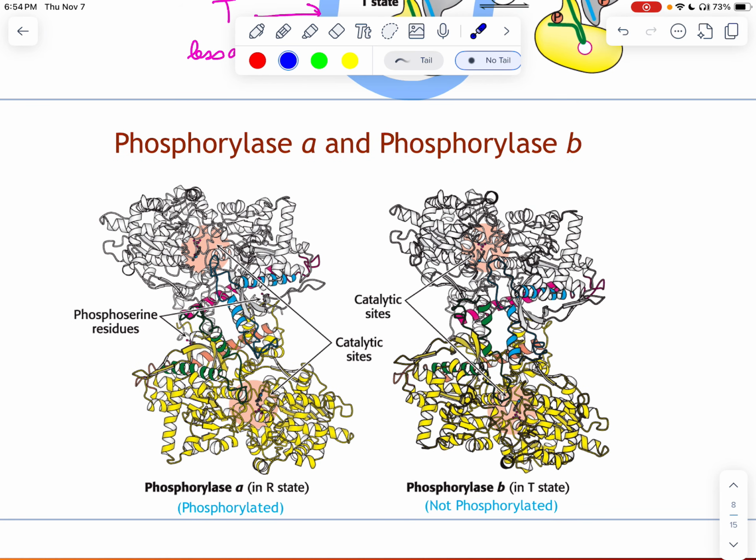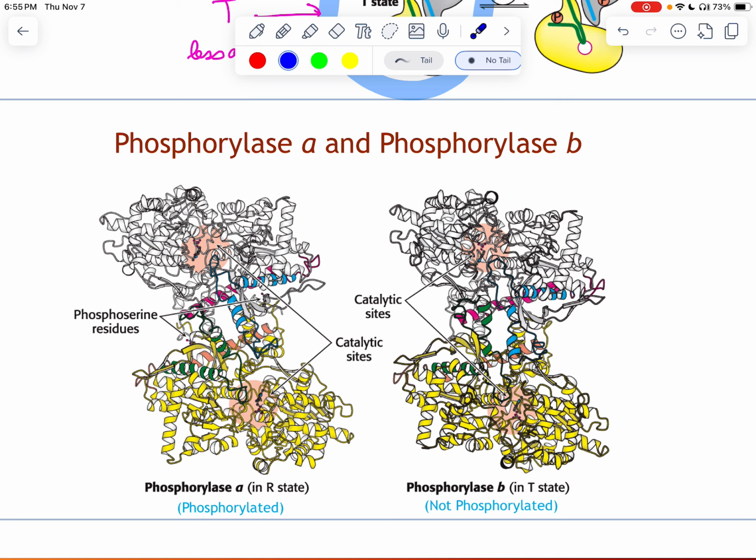So we have the phosphorylated version over here, the not phosphorylated. Okay, the residues, those phosphoserine residues where the phosphates are bound are right in these areas. So that would exist over here too, but they wouldn't have the phosphates. The active sites or the catalytic sites are these pink areas.